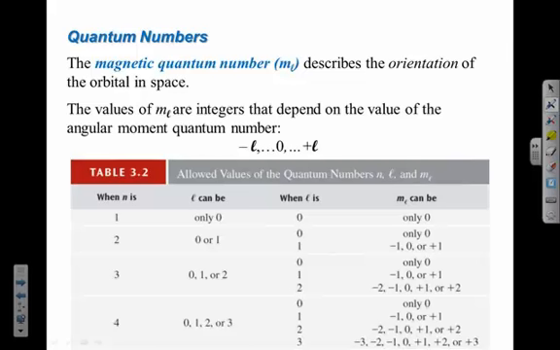So let's talk about this. When N is 1, that's the one that's closest to the nucleus. So if my nucleus is here, N equals 1 is very close. When N equals 1, if I'm very close to the nucleus, am I going to be able to fit a lot of electrons or only a few?